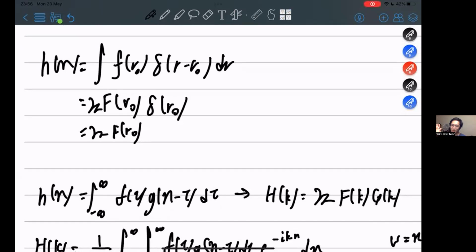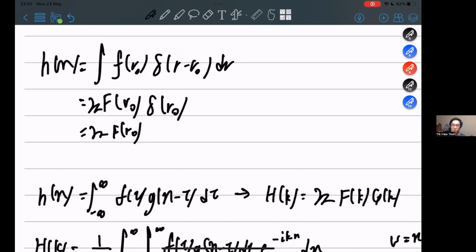If we disregard 2 pi, this is actually the sifting theorem. What the Dirac delta function does is sift out this specific point in the function. This is one of the most powerful properties of the Dirac delta function, because it can single out one single point that we need from the input function.